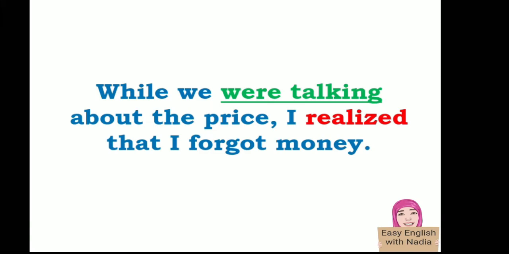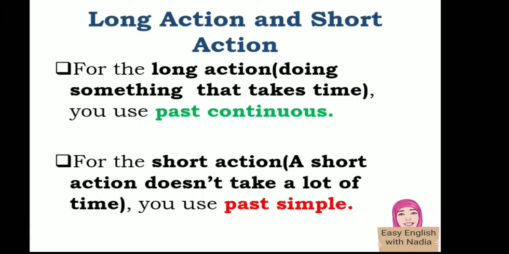The second verb is conjugated in the past simple because it's a short action. So remember, for long actions we use the past continuous, and for short actions we use the past simple. Long action and short action.